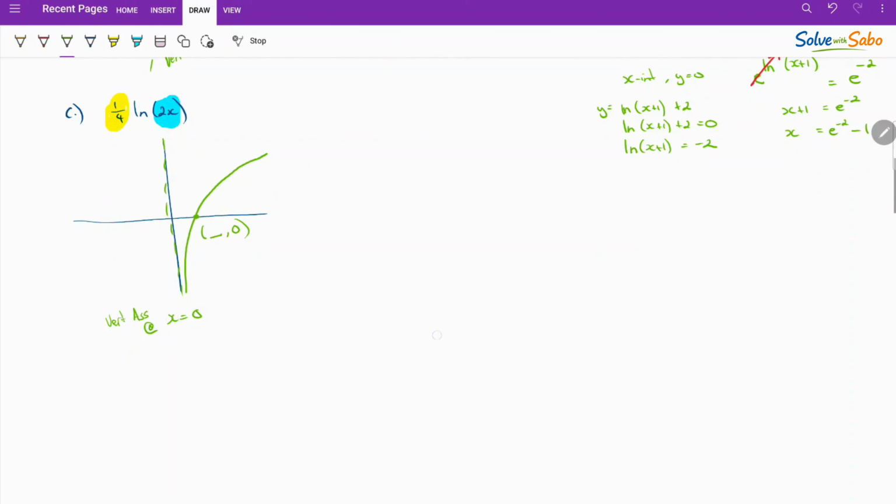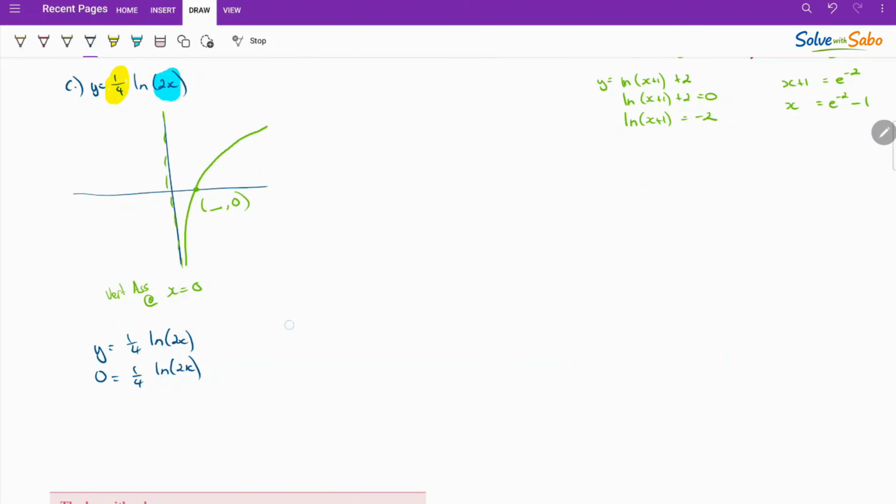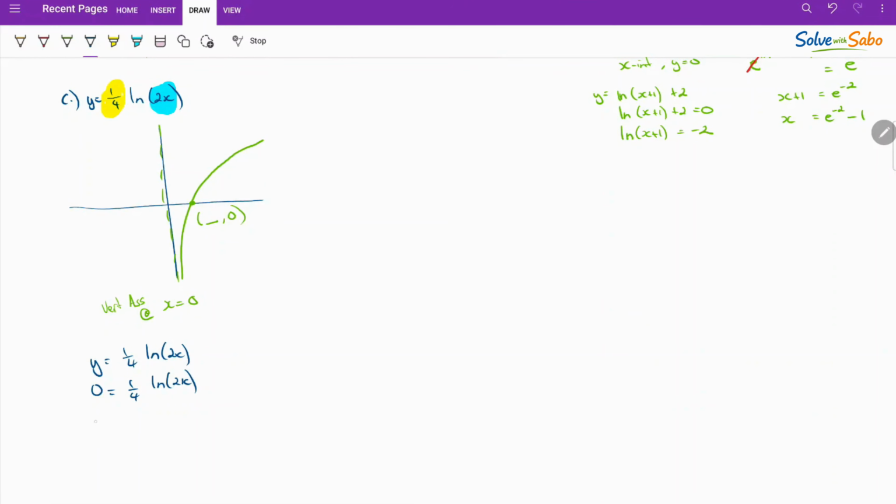So what we can do is make this whole equation equal to 0 and see what we get out of it. So y equals 1/4 ln of 2x, where this whole equation equals 0. Now of course, where this equals 0 is where ln of 2x equals 0. We can think null factor law if you want. Again, if I want to solve for x, I need to be using exponentials.